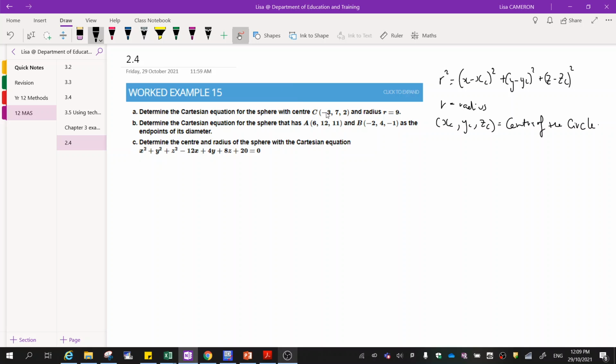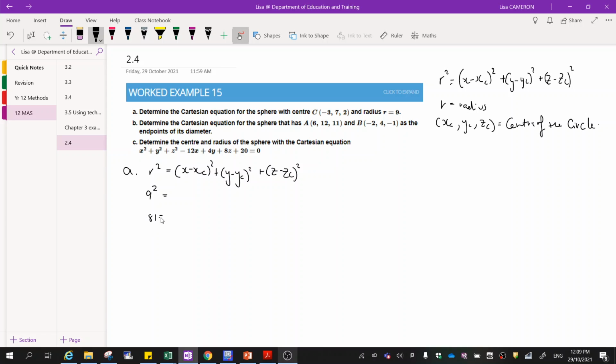Okay, so if we've got our center is here and our radius is there, all I need to do is chuck it into this formula here. So for A, I'm going to start by writing my formula. And then I'm going to substitute our values in. We've got that R equals 9.